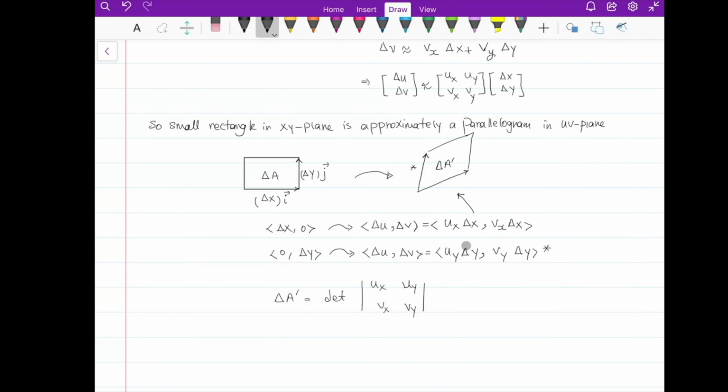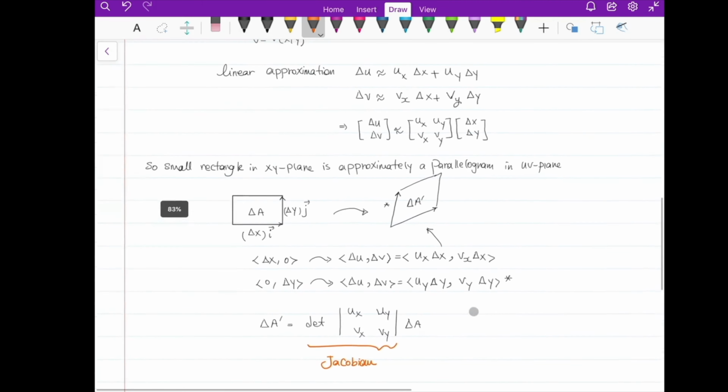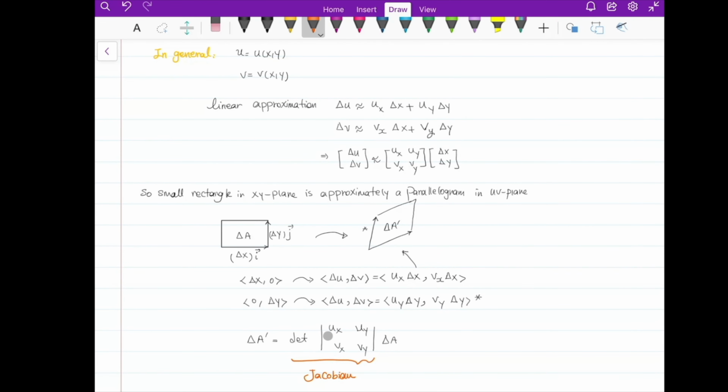Just using the cross product of these two vectors, which are the sides of my parallelogram, I get this determinant times delta A. So I'm going to define this determinant, the determinant of this matrix, as the Jacobian. And in the next video we're going to see how we can use the Jacobian in the change of variables and change the double integral of dx dy to du dv.